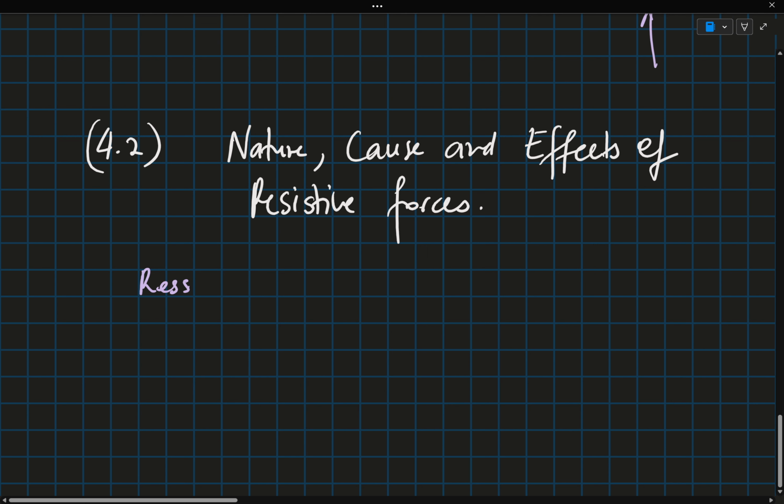What would you say a resistive force is? It's in the name. Anyone at all?